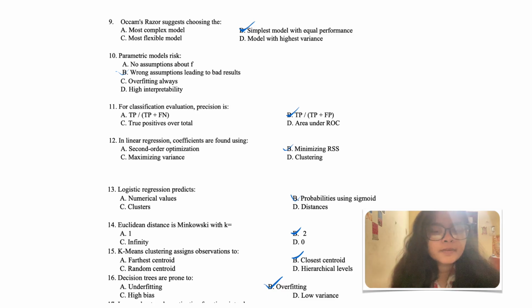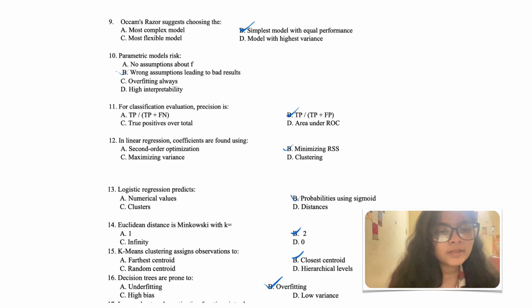Moving towards the next slide, we have questions, in which the first one is, Occam's razor suggests choosing the simplest model with equal performance. Here Occam's razor is an ML philosophy, in which if we have a number of models having the same kind of performance, then we choose the simplest one.